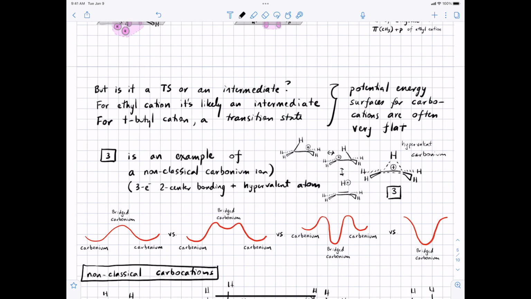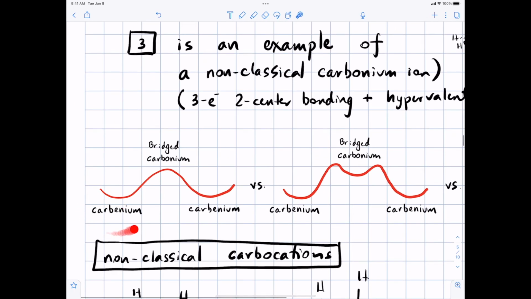For example, we use the term carbenium to refer to a classical carbocation with a localized positive charge on one place. And we use carbonium to describe the either intermediate or transition state in which you have a hydrogen shared between two carbons with two electrons holding the three together.